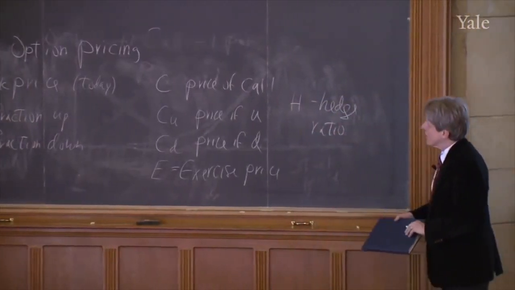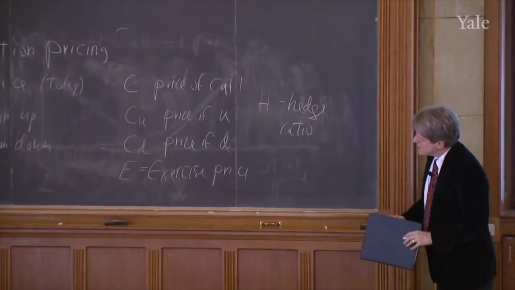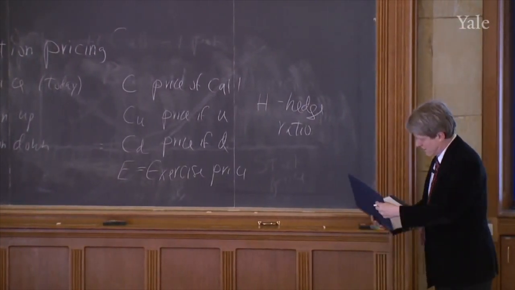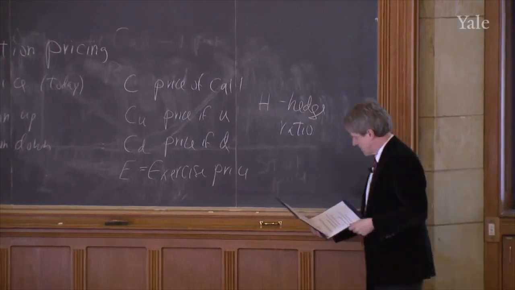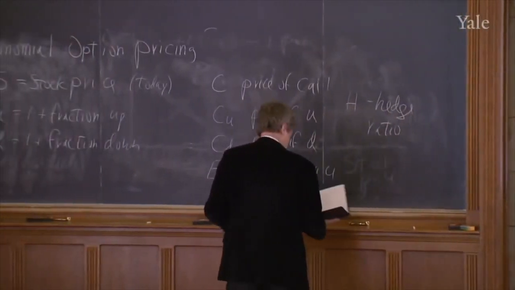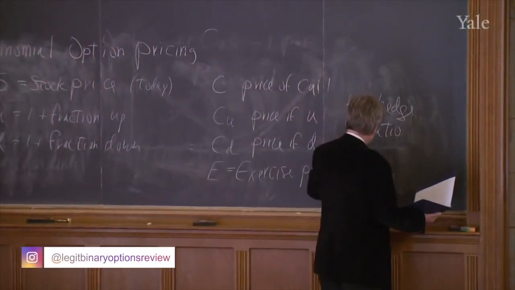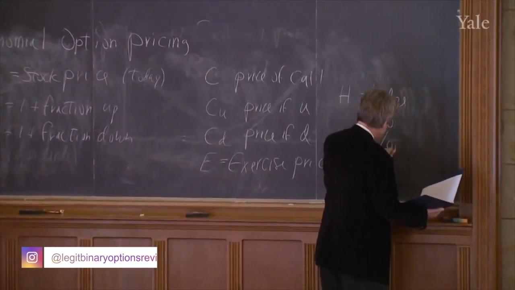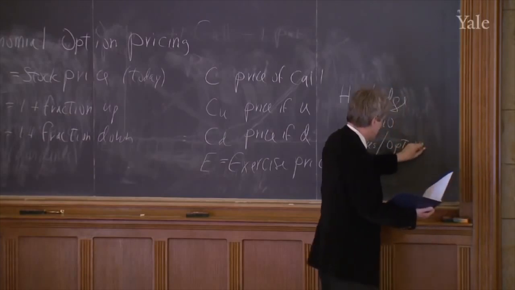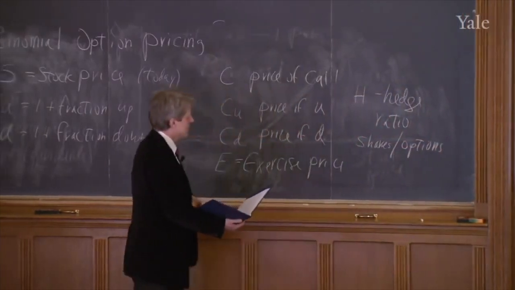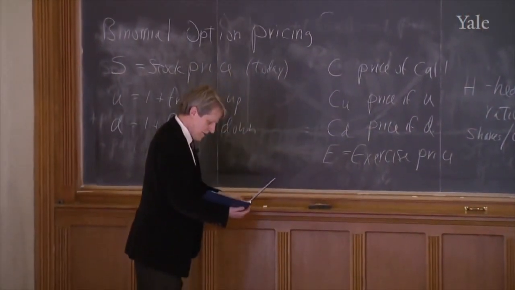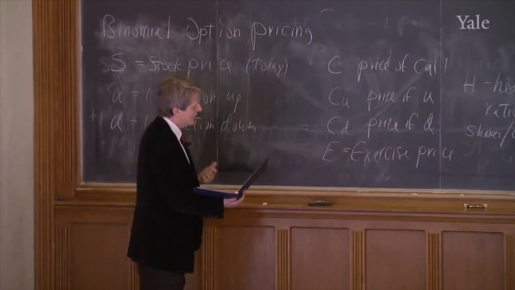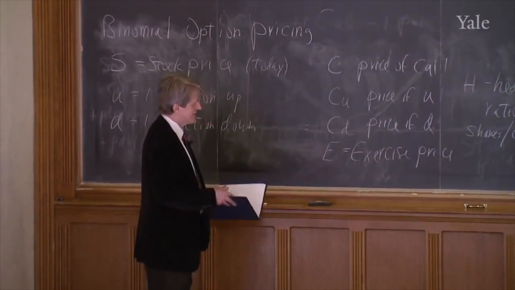I'm going to sell a call option to hedge the stock price, to reduce the risk of the stock price. Each option is to buy one share. So what I'm going to do is write one call and buy H shares.